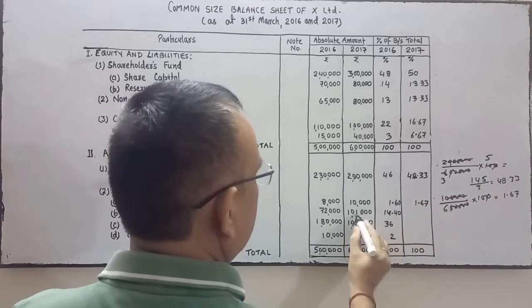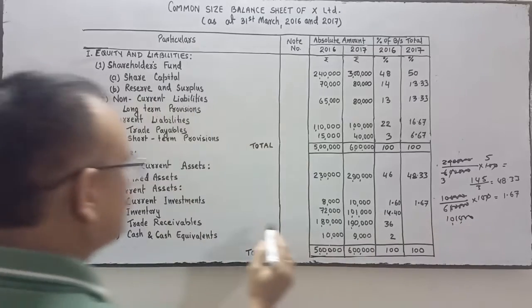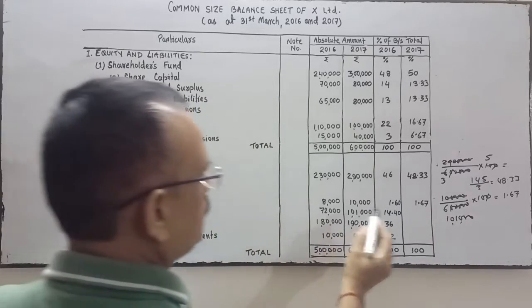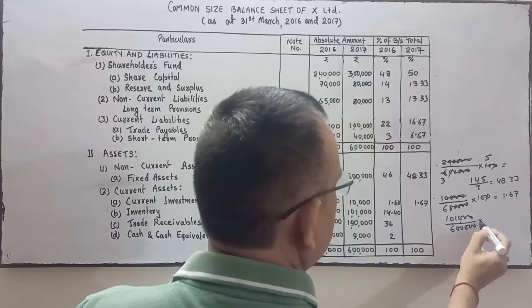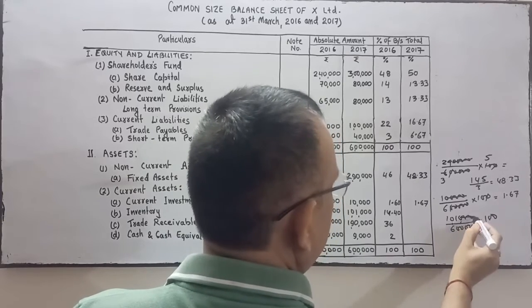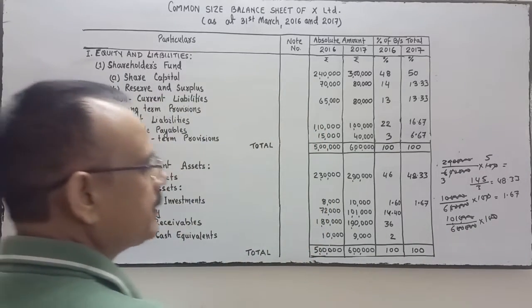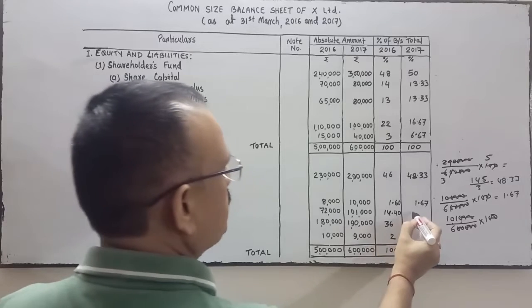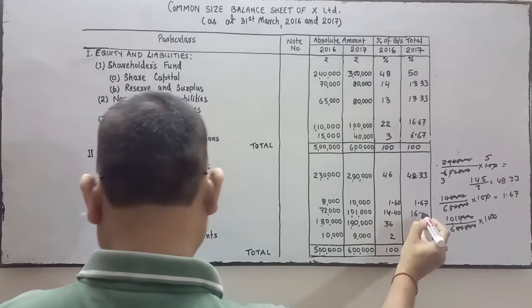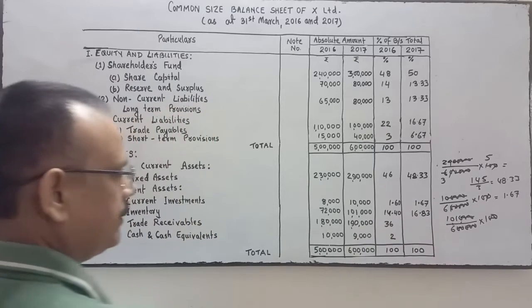Now it is 1,01,000. 1,01,000 is what? Our inventory in 2017. Total is 6 lakhs into 100. So 101 by 6, it is 16.83.